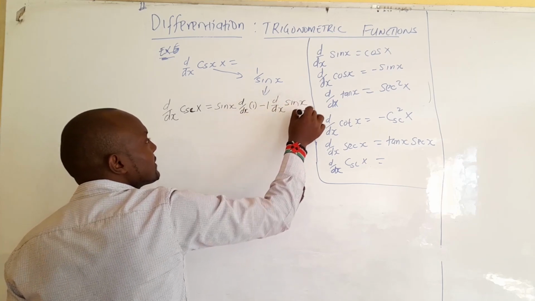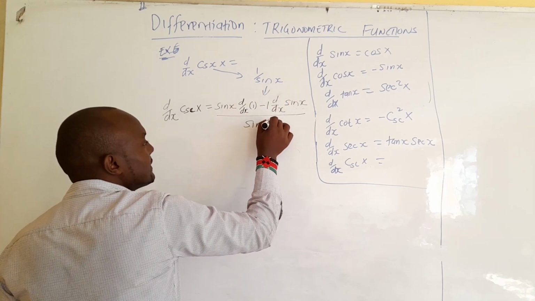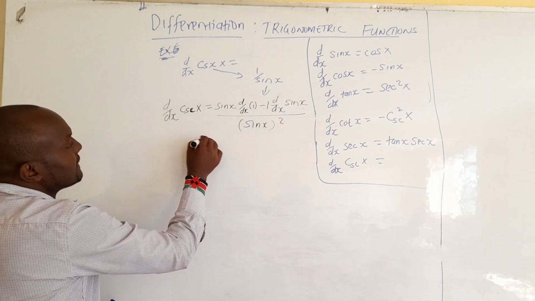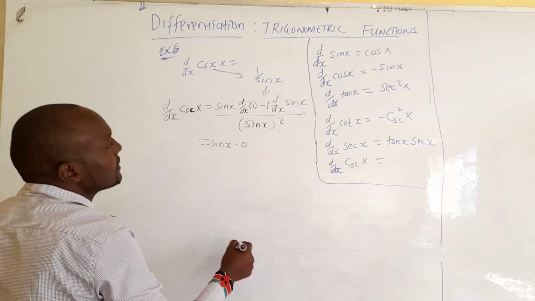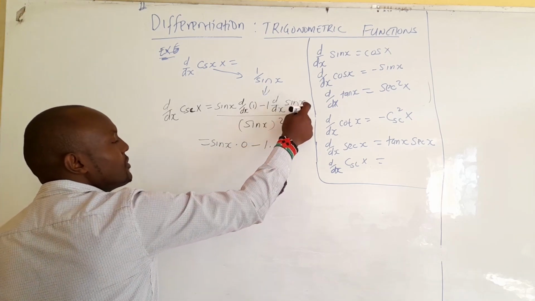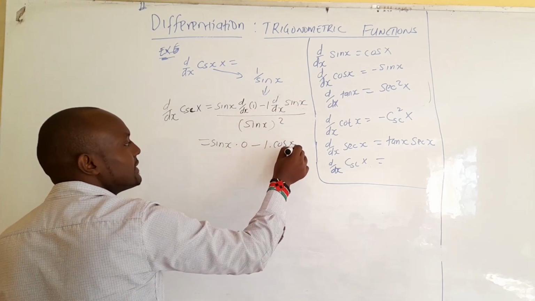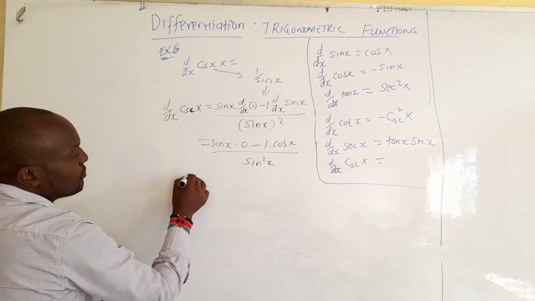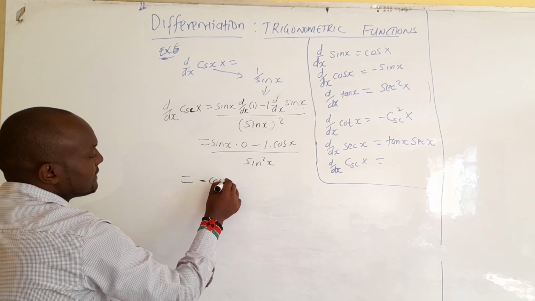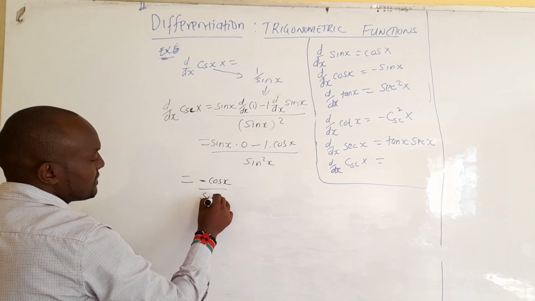My denominator is sin x, all over sin x squared. So you realize that when you differentiate a constant, it will be 0. So you have sin x times 0 minus 1 times, when you differentiate sine, you get cos x, all over sine squared x. So the answer will be negative cos x all over sine squared x.